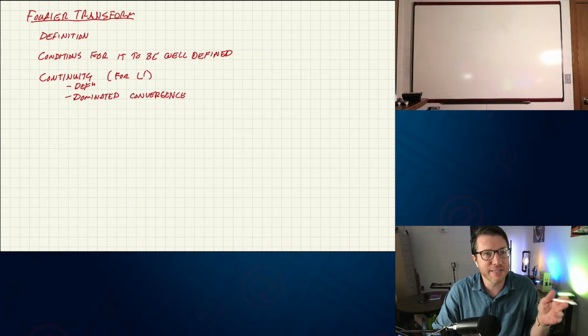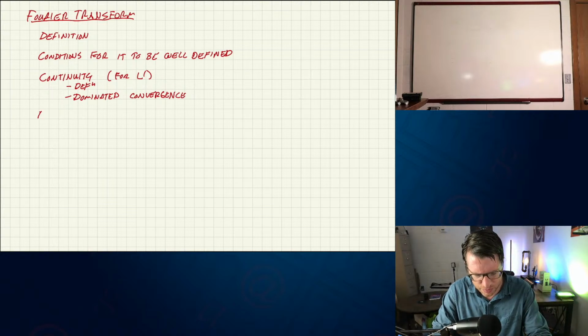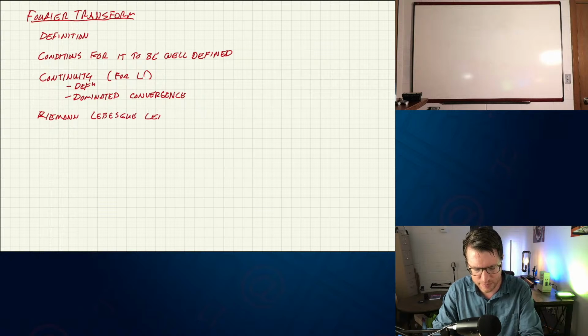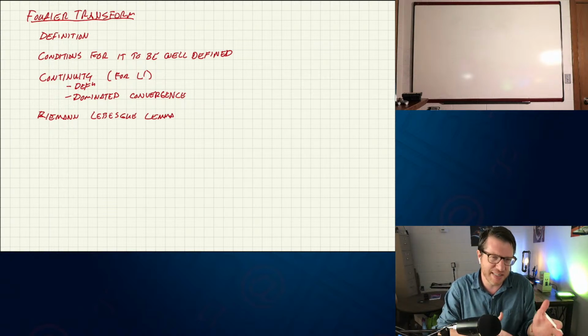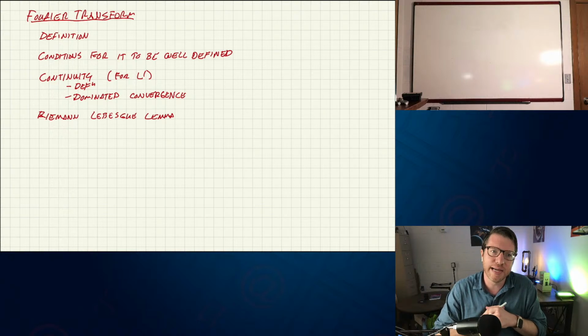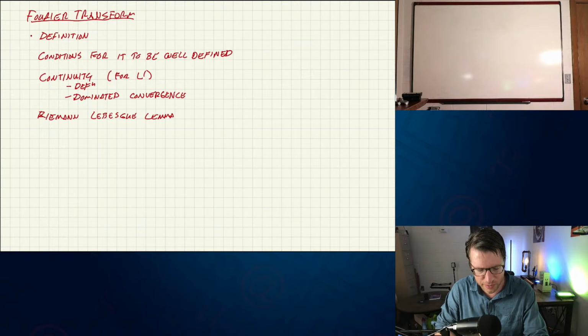So we have these definitions of the Fourier transform, conditions for it to be well defined, continuity, at least for L1 functions. And I want to talk about one other thing, and that is the Riemann-Lebesgue lemma. The Riemann-Lebesgue lemma basically tells us that for an L1 function, we're going to decay as we go off to infinity. And I think these four things, hopefully we can accomplish them.